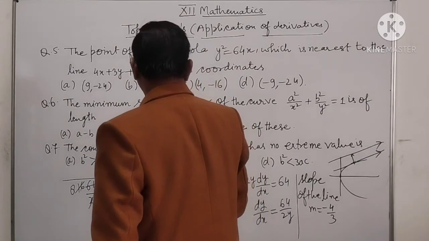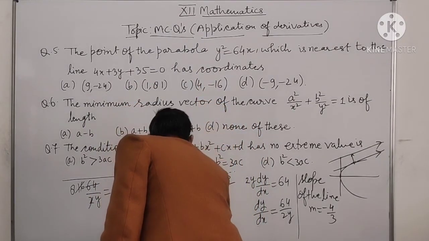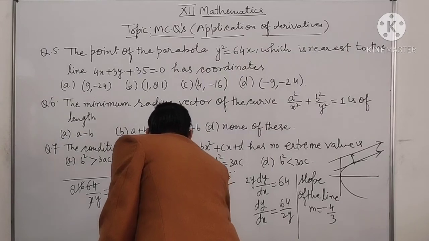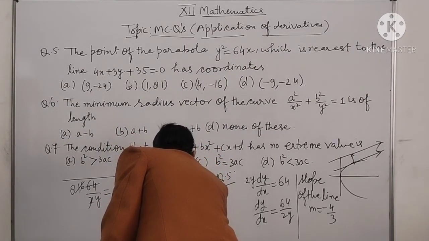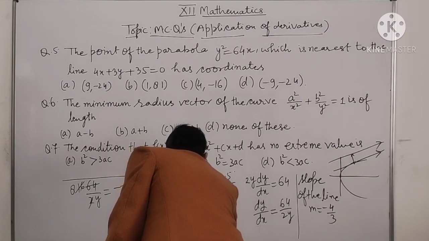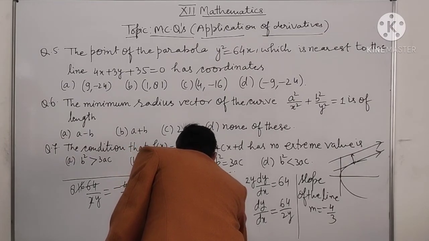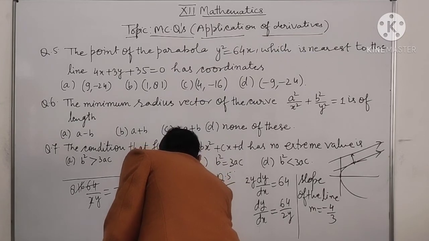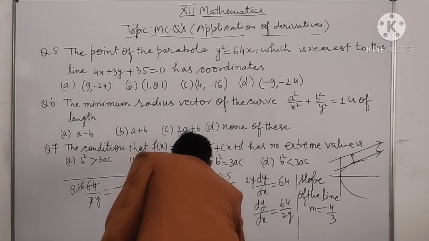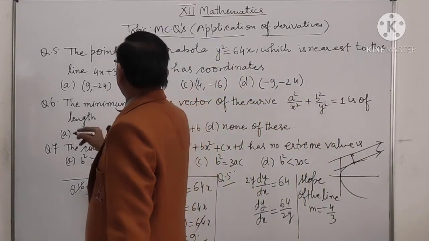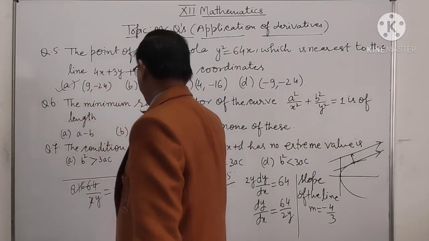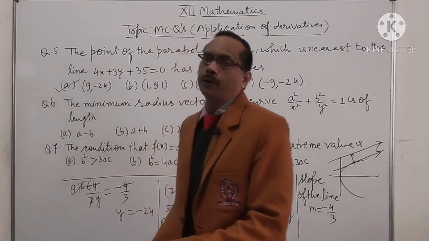Or we can write it as 8 into 9 equals 64x, 64 is cancelled, so x equals 9. Then option A is correct. Y is negative and x is positive.